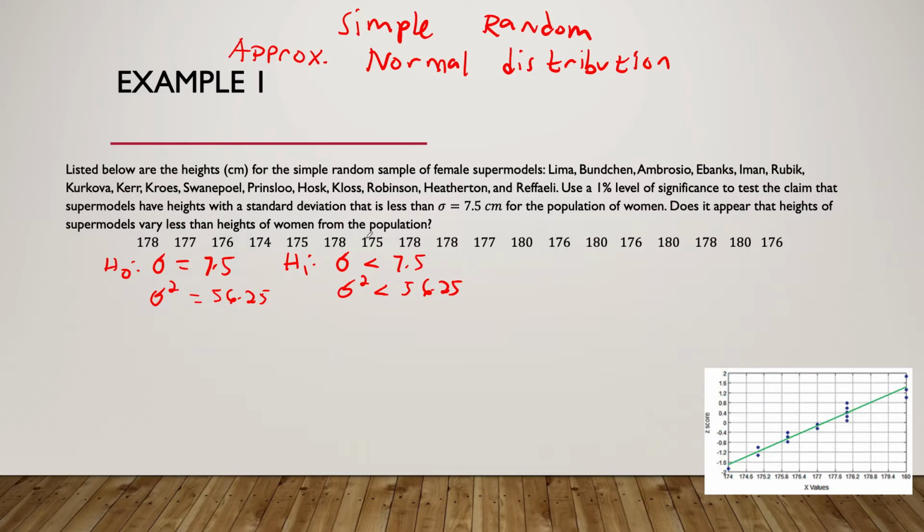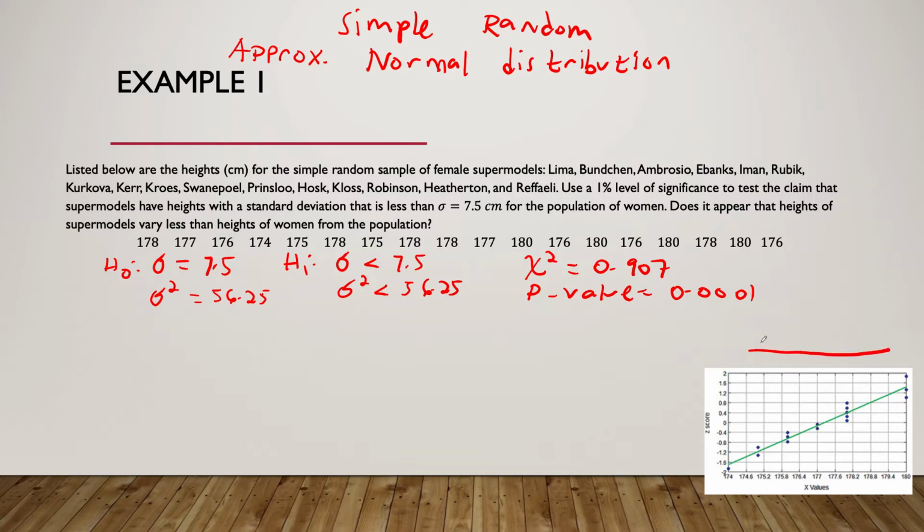And if we toss this into SAS, we get a chi-squared value equal to 0.907, and the p-value is equal to 0.0001.